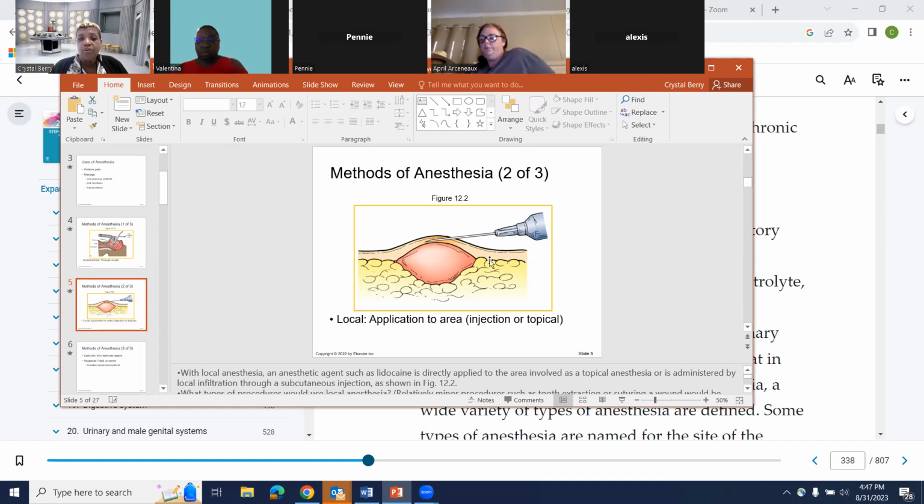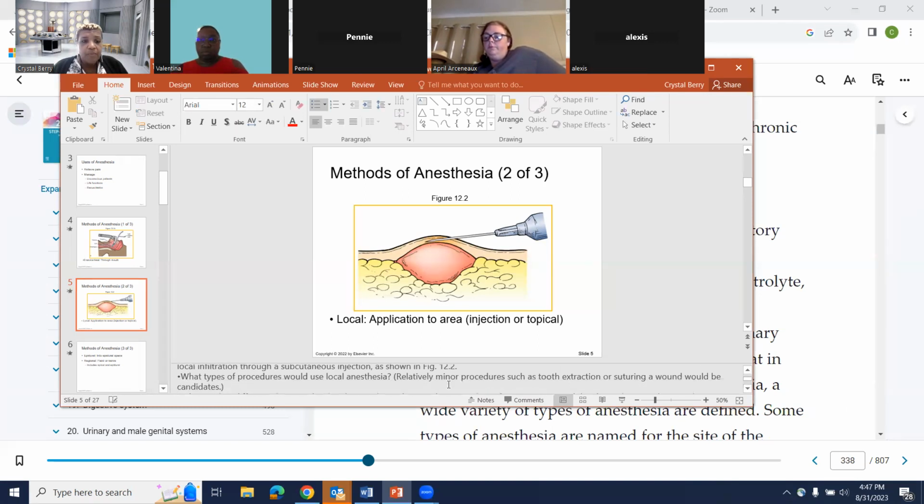So they're showing you how that's administered. And it says, what types of procedures would use local anesthesia? Relatively minor procedures such as tooth extraction or suturing a wound would be candidates.